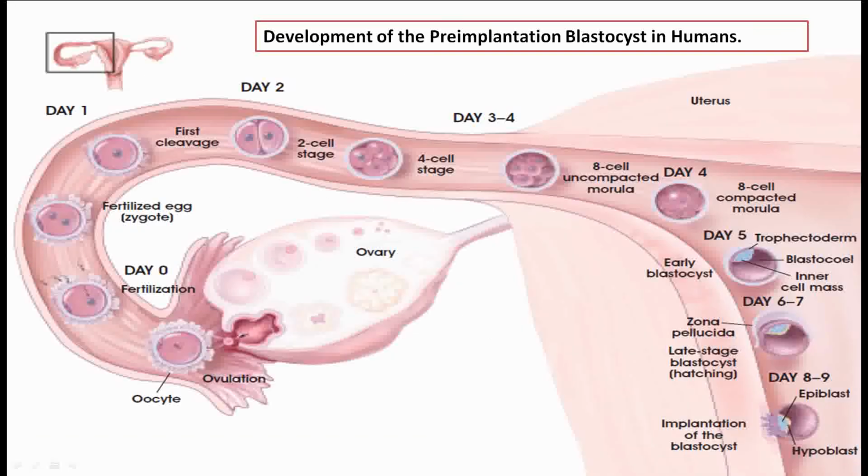Here you can see this is the pre-implantation blastocyst. This is the pre-implantation embryo. So if we want to extract human embryonic stem cells, we can extract them from this stage. At the stage of implantation, when this blastocyst is attached with the uterine wall, it would not be possible to separate embryonic stem cells from this blastocyst.